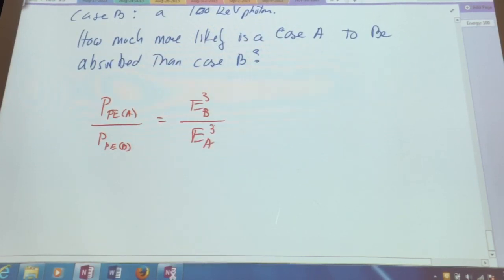It's an inverse relationship to the cubes, so you have to have the energies in the opposite order.